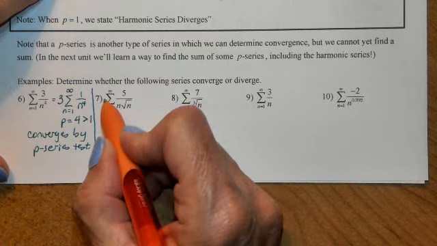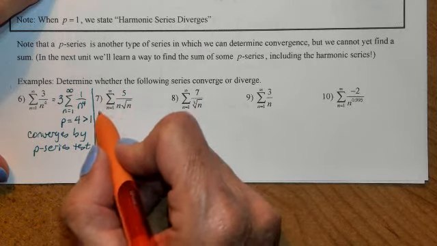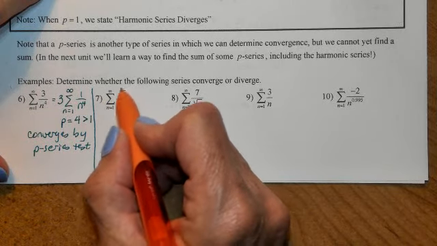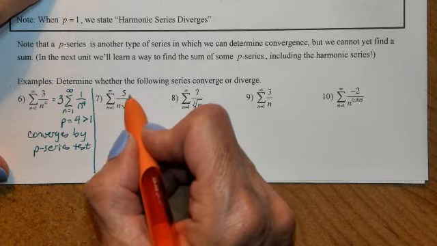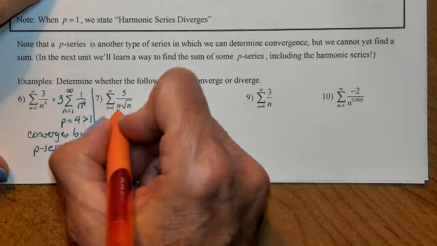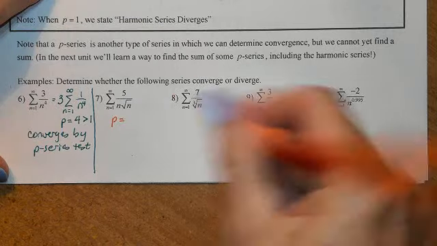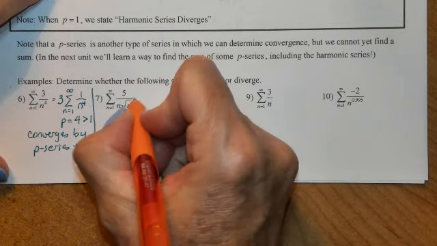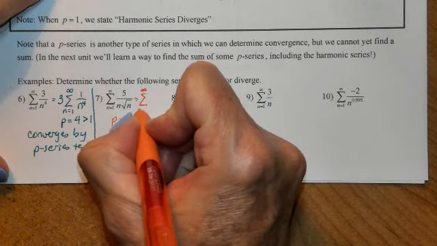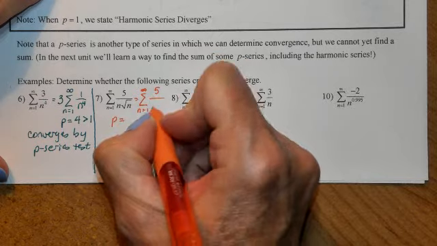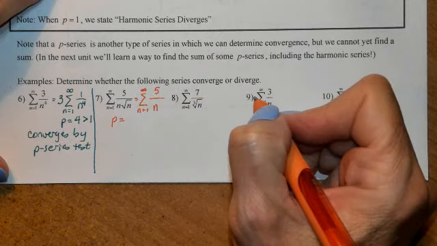So the 5 I could take out if I wanted to. I'm not going to write it this time, but I could. The 5 does not affect convergence or divergence. So this is a p-series. What is p equal to? Well, this is the same thing as 5 over n to the what?